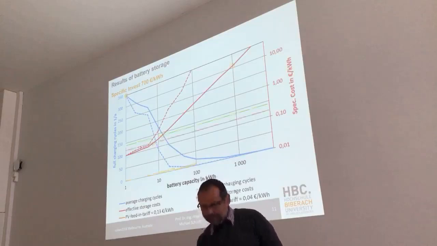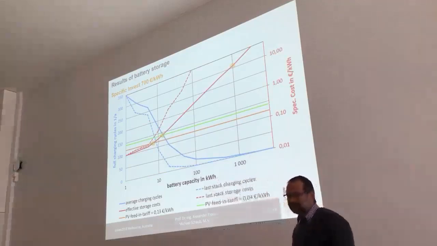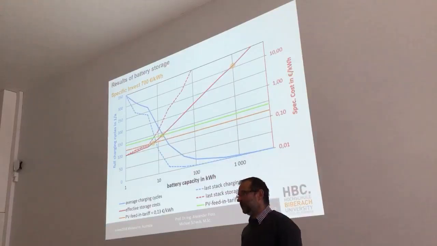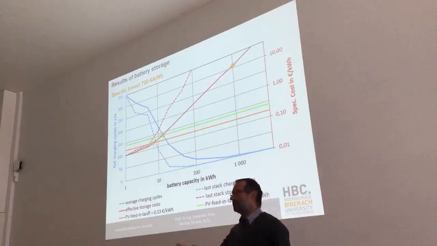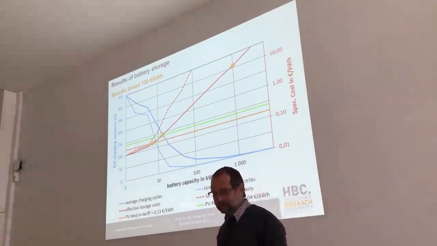The red line shows the specific costs for the battery, and you get this specific cost if you divide the investment cost by the real number of charging cycles.